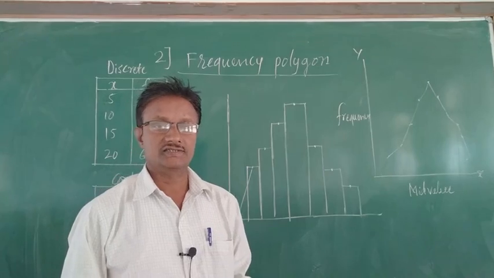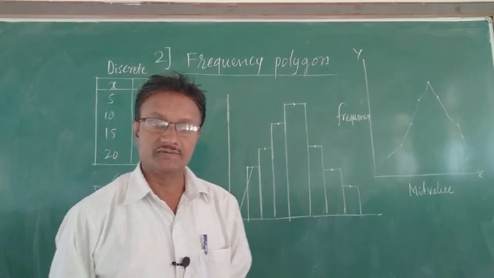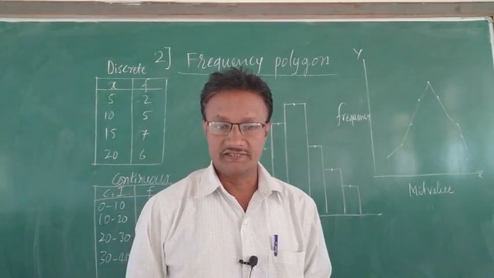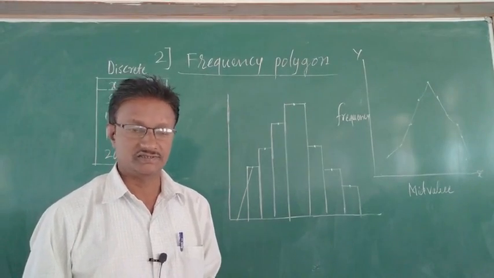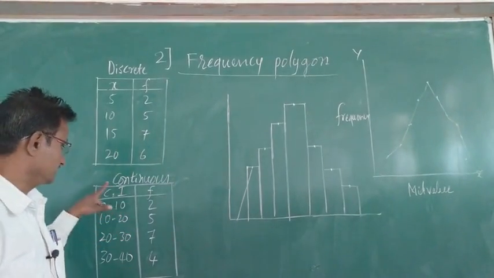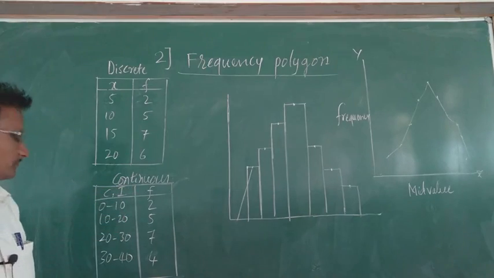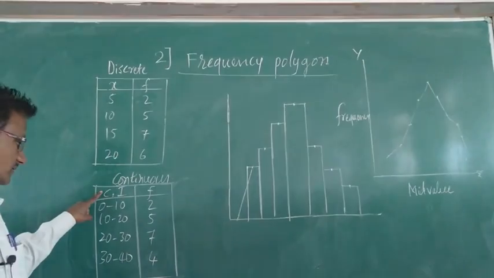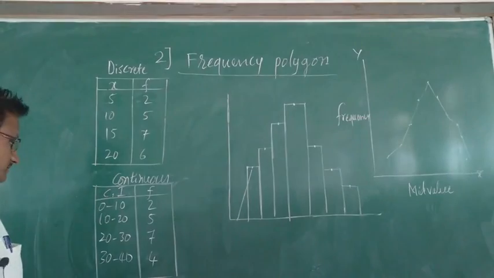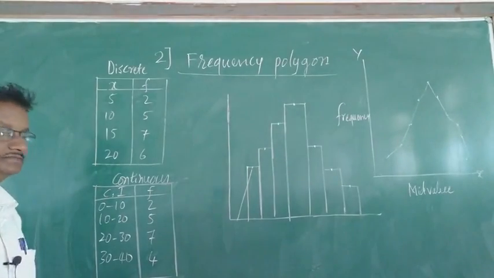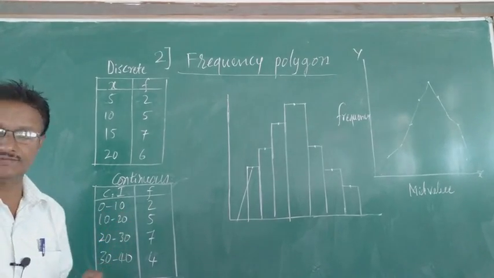And what is continuous frequency distribution? In any frequency distribution, if there are class intervals, then it is called continuous frequency distribution. Here is an example. This is continuous frequency distribution because here there are class intervals. Ci means class intervals and f means frequency. Here 0 to 10 is a class interval.